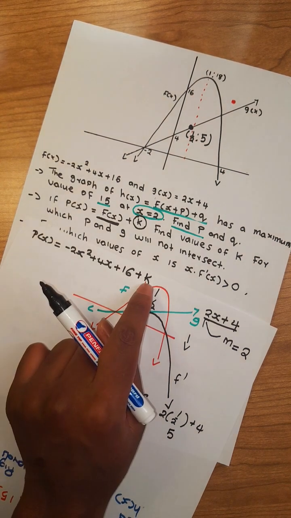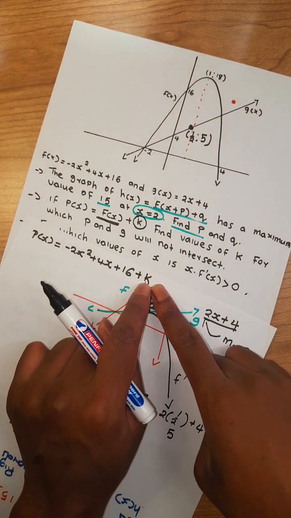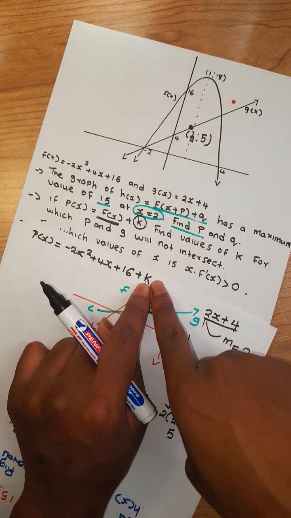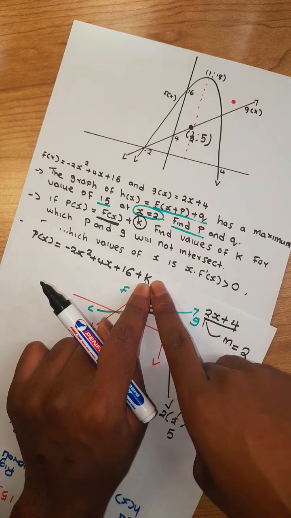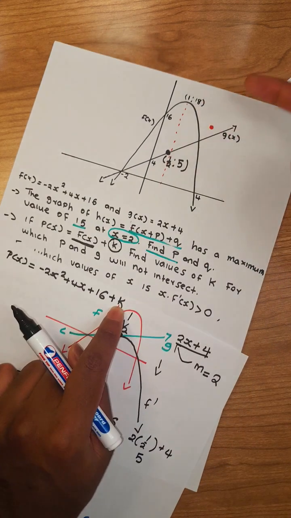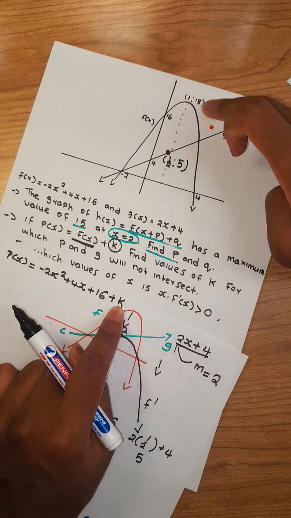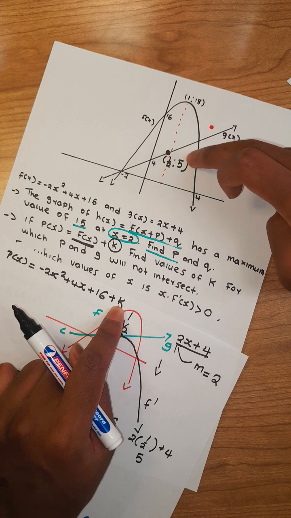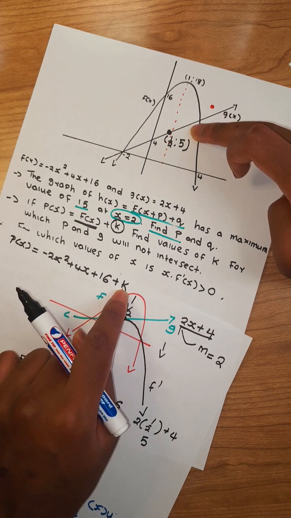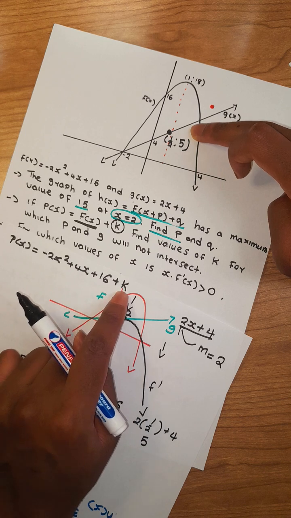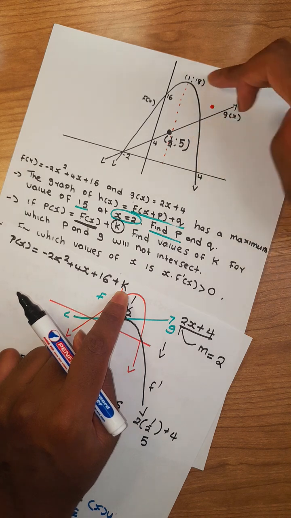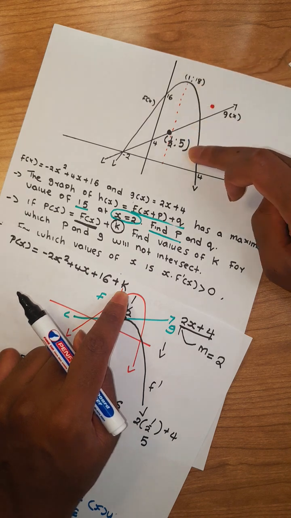Within this constant of k, we want to find this value. So this value of k is the unit that we have shifted off. This value of k should be 18 minus 5.